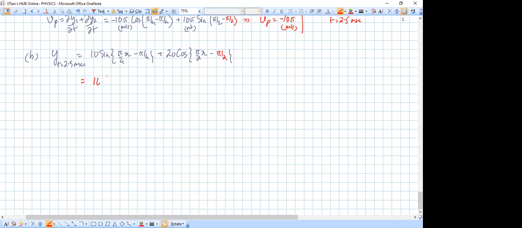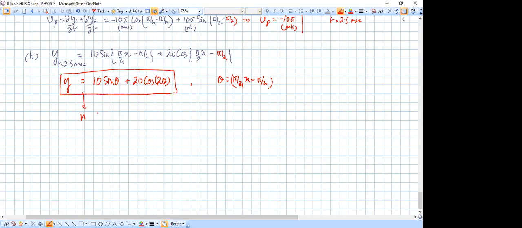This is 2 sine theta plus 20 cos 2 theta, where theta is pi by 4x minus pi by 4. Okay. So we just have to find the maxima of this, which is not such a big deal. So इसका maxima निकालना है. So just do that dy by d theta and put it equal to 0 and all that.